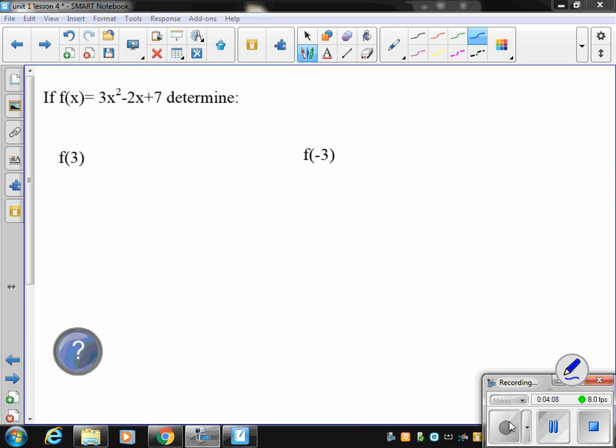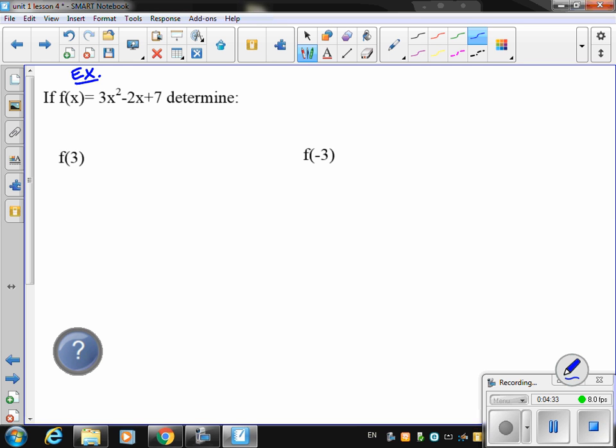So function notation is basically this. I'm sick and tired of using y equals for everything because it gets confusing. I would like to give different functions different names. So for this first example, I like the letter F for function. I'm going to call my function f instead of calling it y.